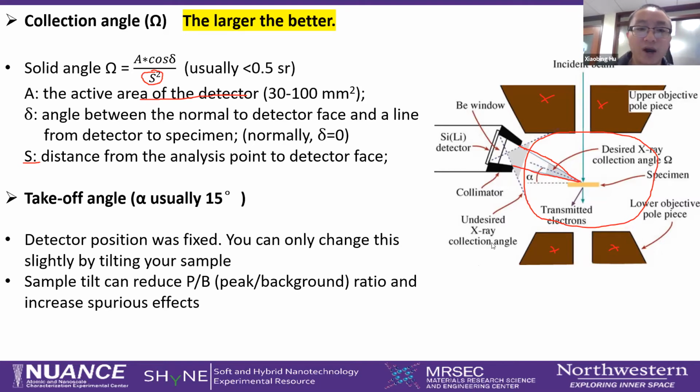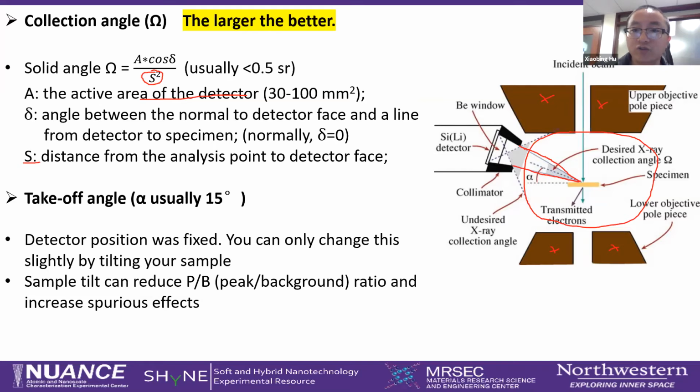For the old generation TEM, the solid angle is about 0.3 sr, but for the new generation, about 1. For example, over 200, about 1.7. So it's very large, and that's why you can get a nice signal.